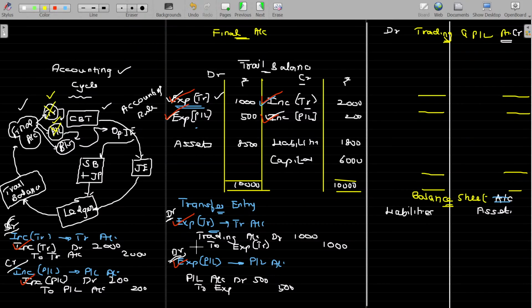I'll just put the tick mark here: expenses related to trading and expenses related to the P&L account. So the leftover thing being this trading account, am I right? That trading account will go to the trading account, which side? Two expenses.